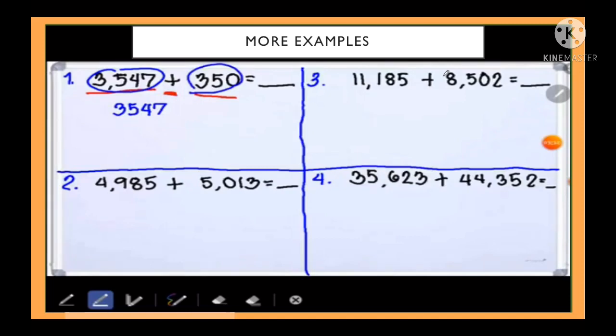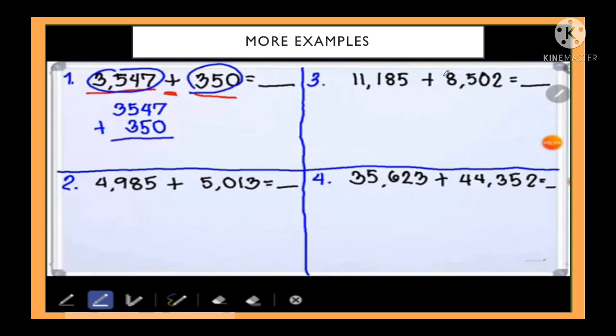Alright, so I will copy first 0 and then 5 and then 3 to make it parallel to the first number. Again, remember, you need to follow the place values, alright? Ones must be placed on ones place. Okay? That is our main rule. Don't forget the symbol for plus or add, and then the equal sign.